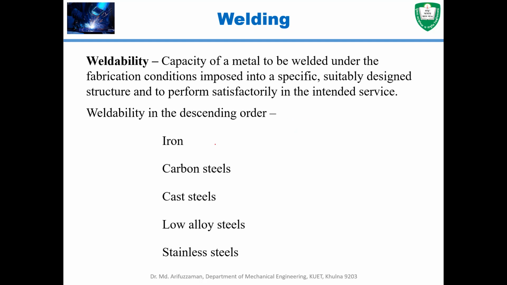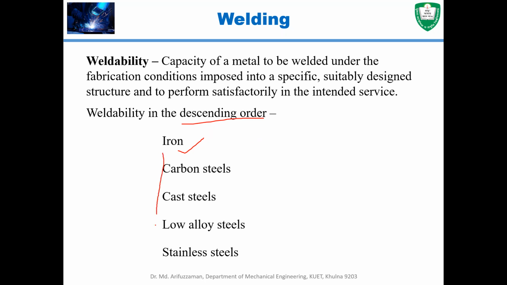Here I have shown some materials in the decreasing order of weldability. That means iron has very high weldability. If you weld iron work pieces together, welding is very easy, and in the intended service, it provides the service very satisfactorily.